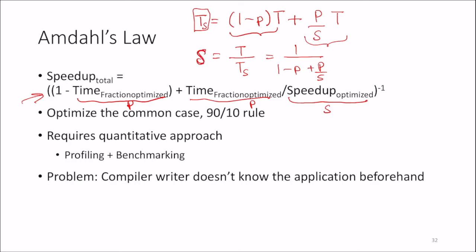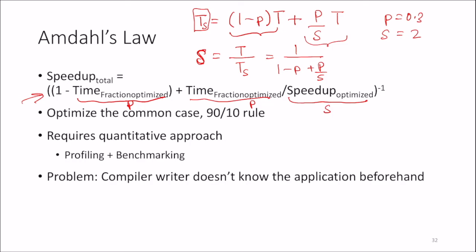So for example, let's say that 30% of your execution time can be improved. Let's say that P is equal to 0.3. So 30% of your program can be improved in execution. And let's say that we in fact get a very good speed up, like we can speed it up by twice as much by doing code optimization.